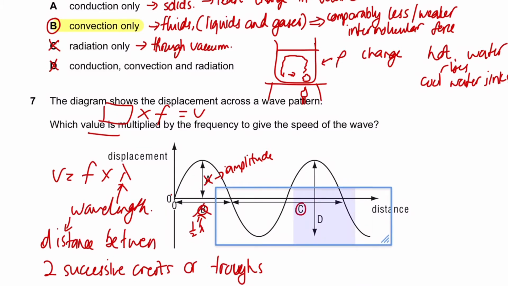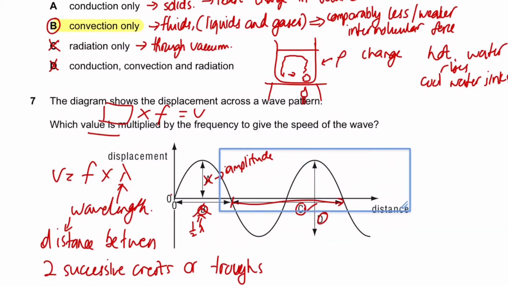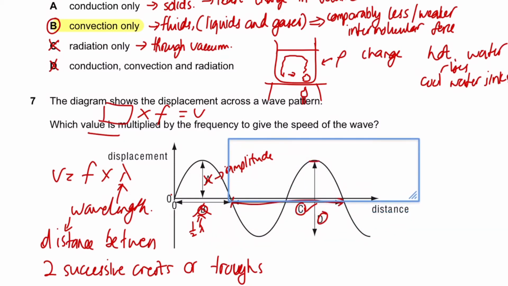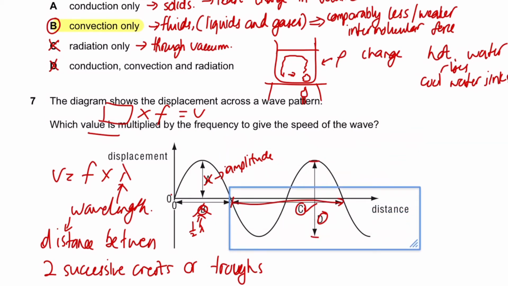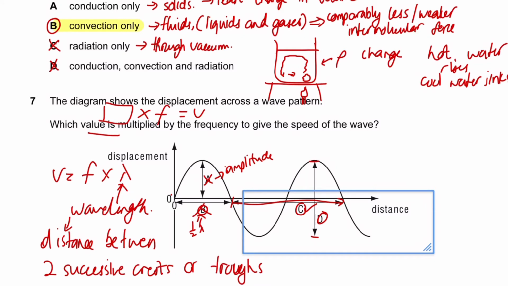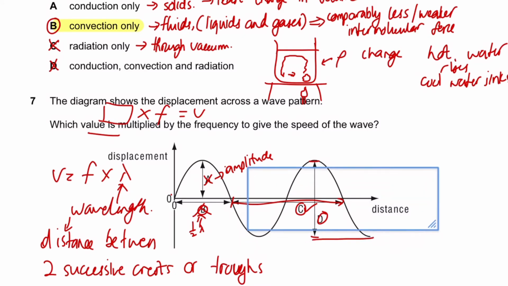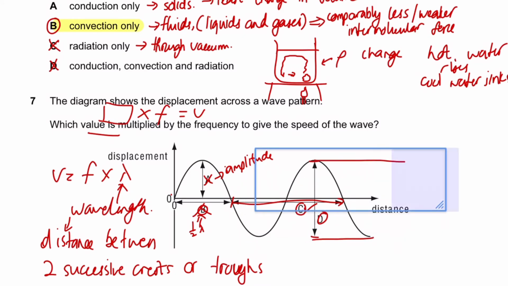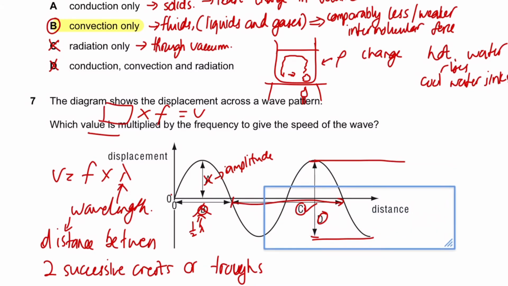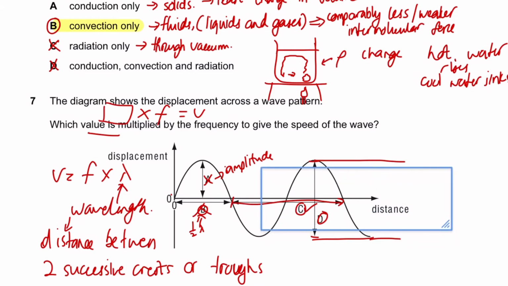C, it stretches from here till here. So this is one wavelength, which is what we wanted. But let's go to D. D is from the maximum trough or crest to the maximum negative crest. So this is, I'll say, twice the amplitude.